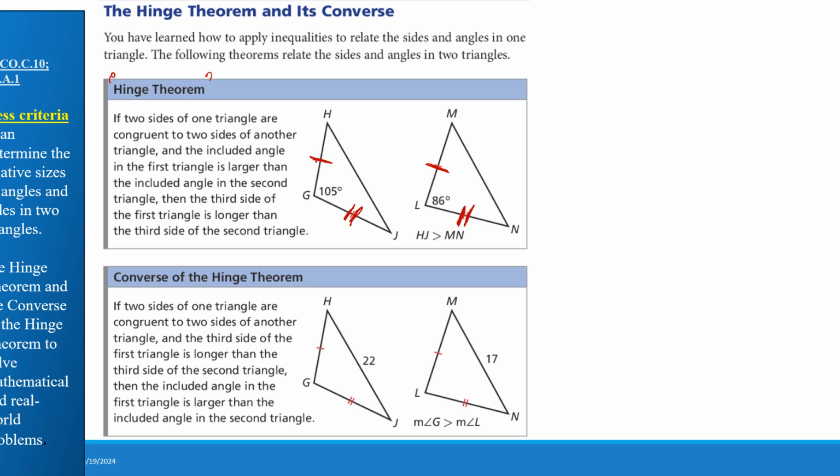What is the included angle of the first triangle? The included angle is the angle which is between those two sides.